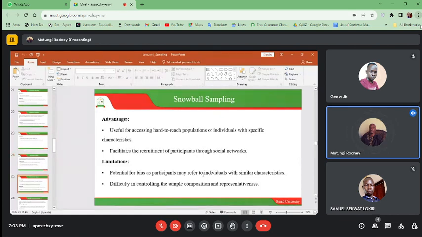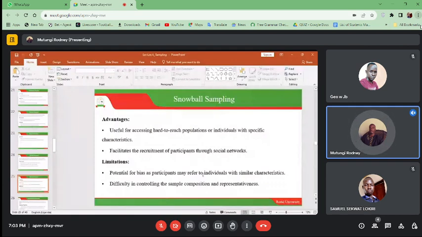The advantage is that it is useful in accessing hard to reach populations or individuals with specific characteristics. Okay. Then it facilitates recruitment of participants through social networks because they always know each other. Okay, so those social networks help us to get this sample.